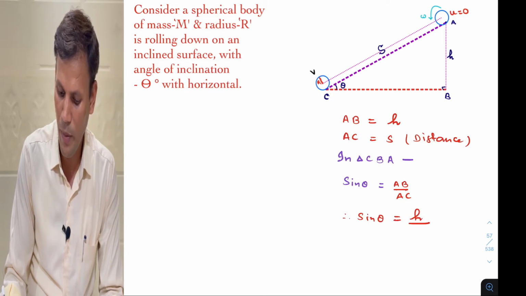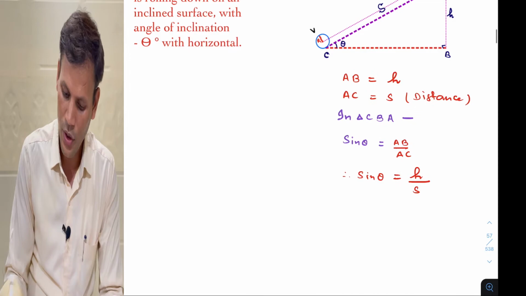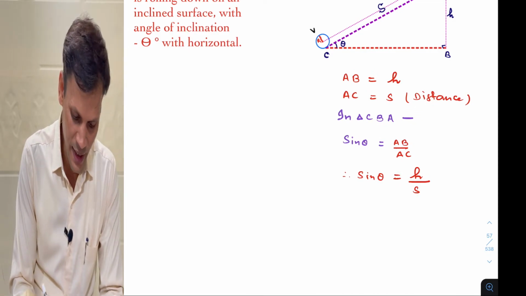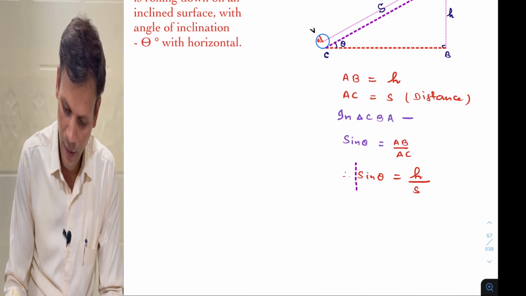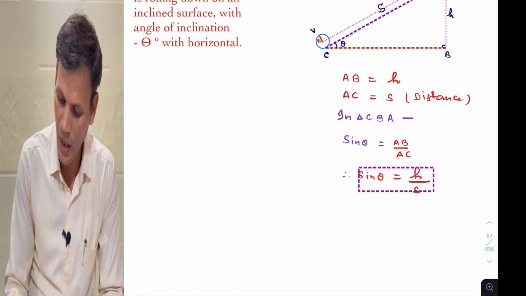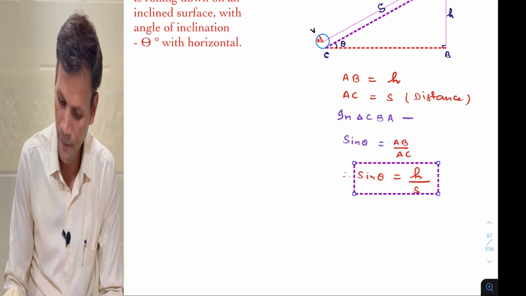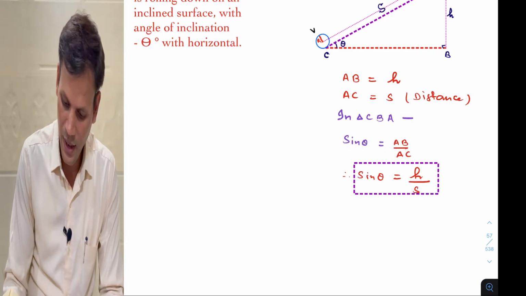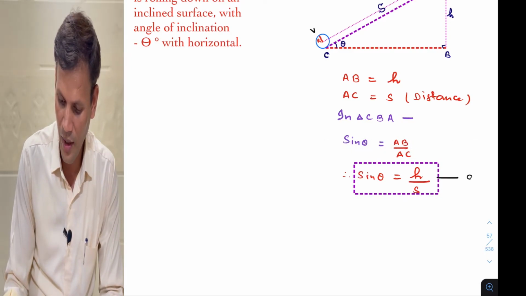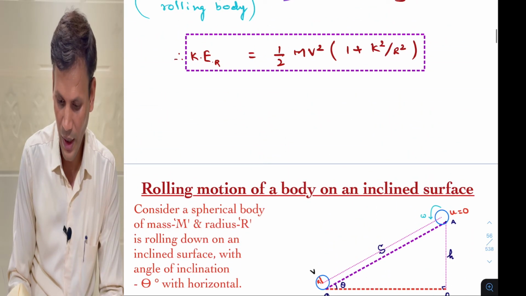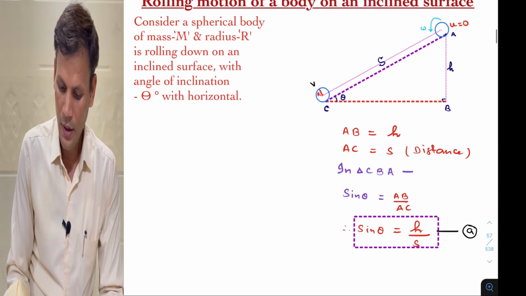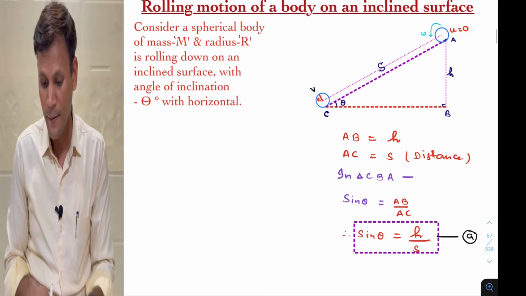AB is h and AC is S. So we can say sin theta is equal to AB by AC, which is h by S. We will utilize it later on. हम लोग इसका use करेंगे आगे. Fine, this I will take as equation number A. And fine, so we can start.